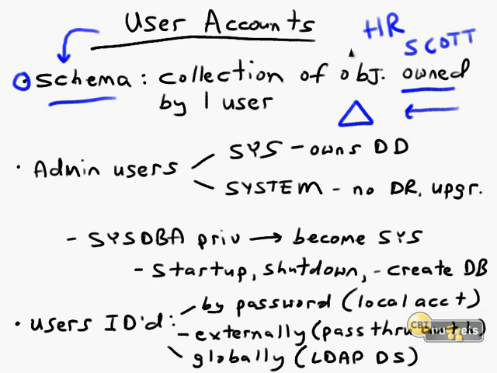In those cases, because those user accounts don't have the ability to do data definition language and create new objects in the database, those user accounts aren't formally schemas because they don't own any objects themselves. Once you grant a user account the ability to create objects, those new objects will be instantiated within that user's schema, and then we could officially refer to that user account as a schema itself.